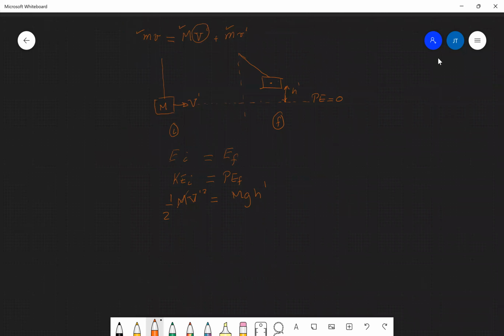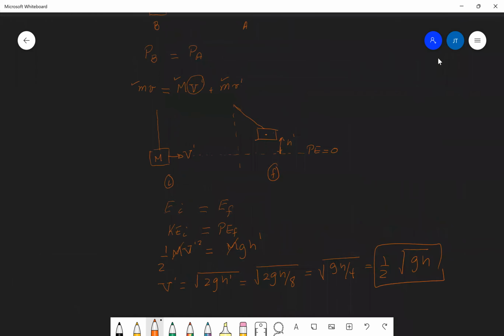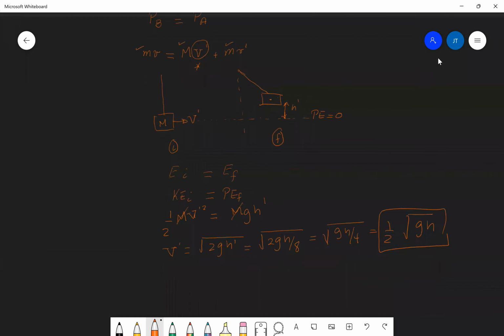The m's cancel, so V prime is the square root of 2gh prime, which is the square root of 2gh over 8, which is the square root of gh over 4, or 1/2 the square root of gh. Here's capital V prime. So now I can take this and plug it in here, and I can get what little v prime is. So let's do that.